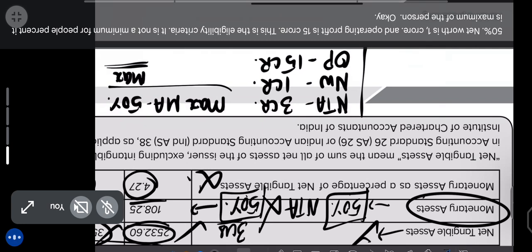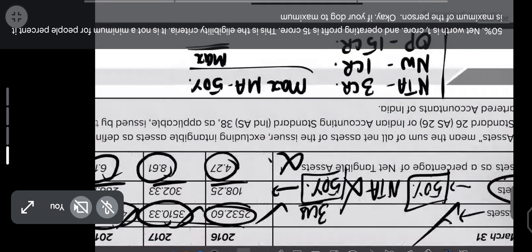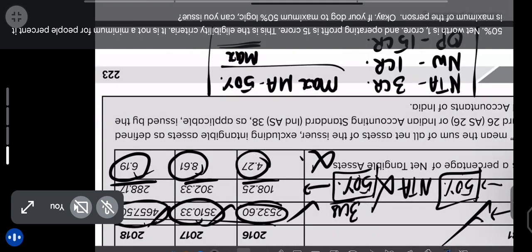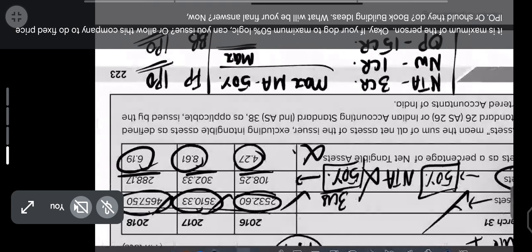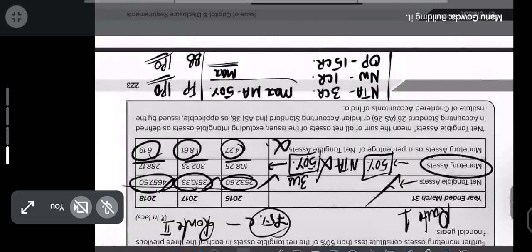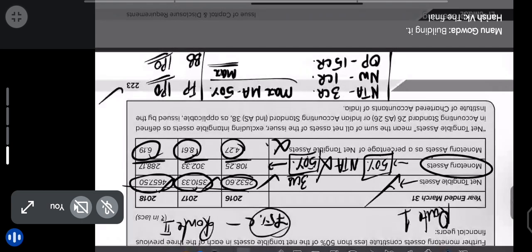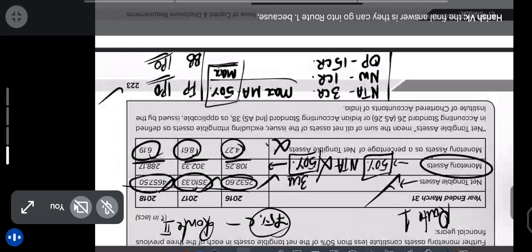Okay. If you adopt maximum 50% logic, can you issue or allow this company to do fixed price IPO, or should they do book building IPO? What will be your final answer now? The final answer is they can go into route 1, because if you look at net worth, they have more than 1 crore.